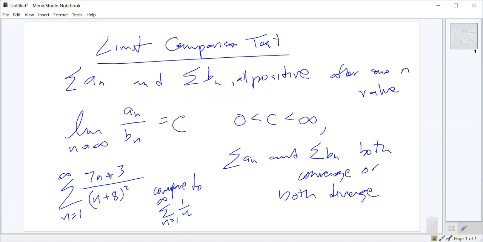The n goes up into the numerator, you get 7n squared plus 3n, so 7n squared over n squared becomes 7, which is between 0 and infinity. So you know that they both diverge, since this one diverges because it's a harmonic series.